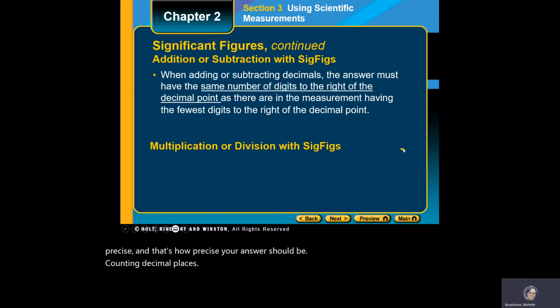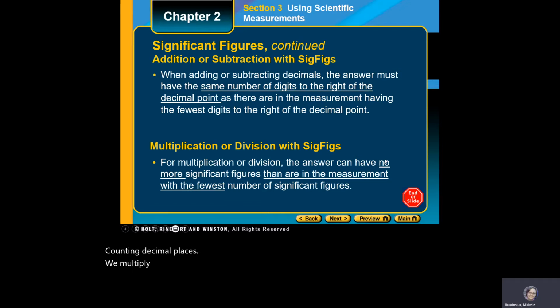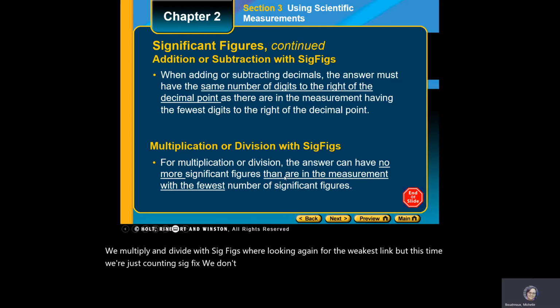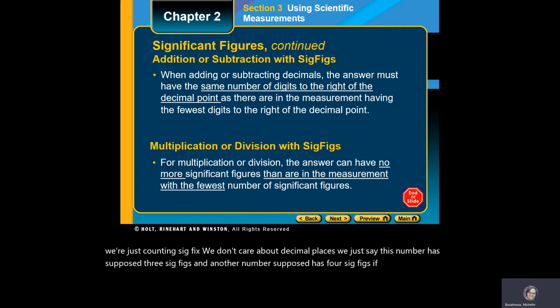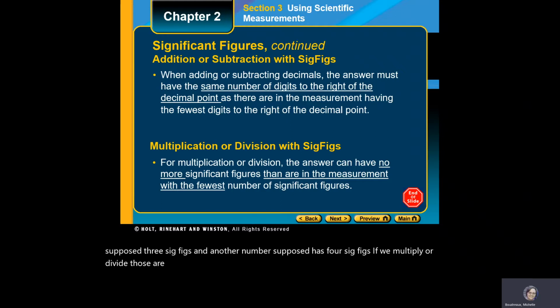When we multiply and divide with sig figs, we're looking again for the weakest link, but this time we're just counting sig figs. We don't care about decimal places. We just say this number has, suppose, 3 sig figs, and another number has 4 sig figs. If we multiply or divide those, our final answer can only have 3 significant figures.